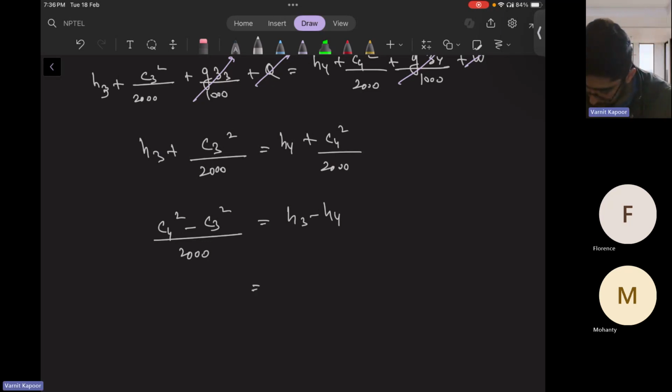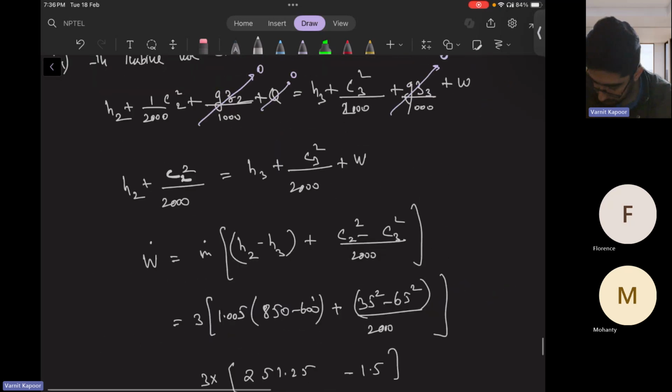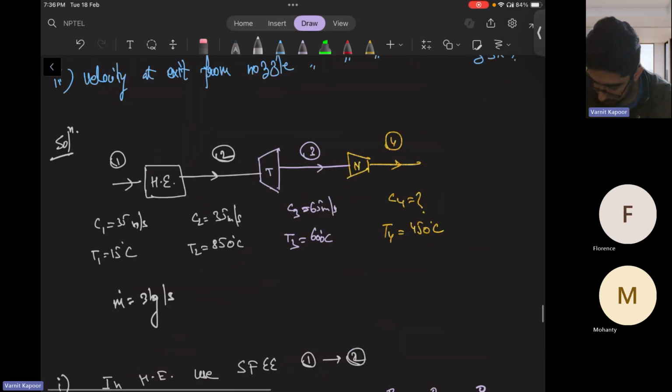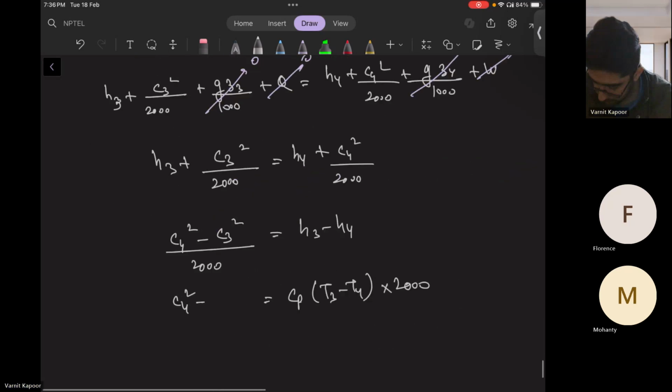So what is H3 minus H4? Cp into T3 minus T4, into 2000, and C4 square. What is C3 value? 65. 65 square.